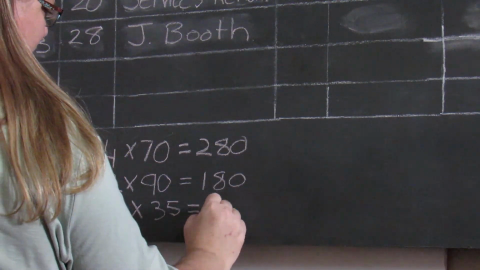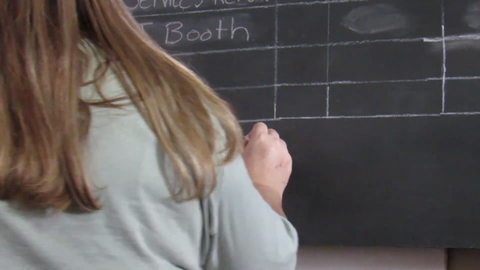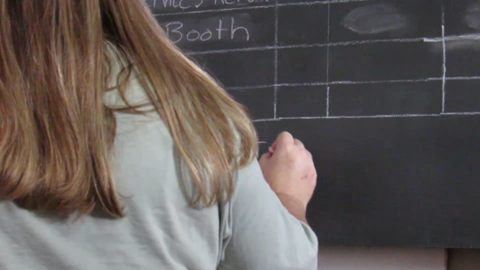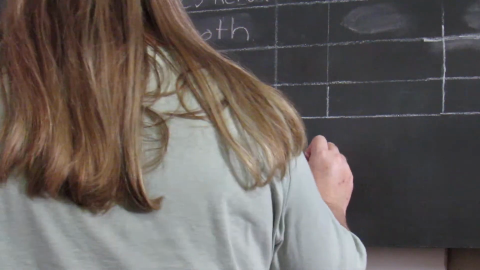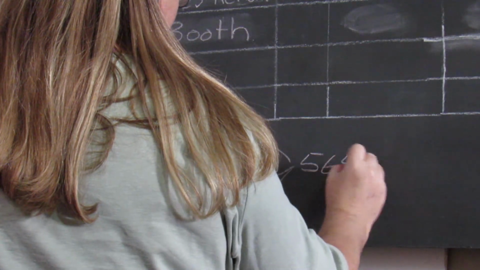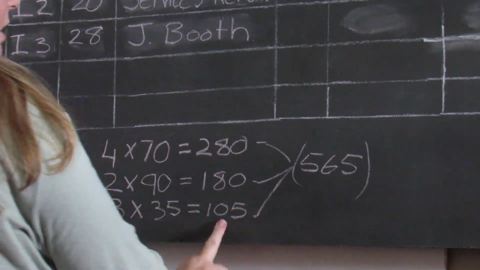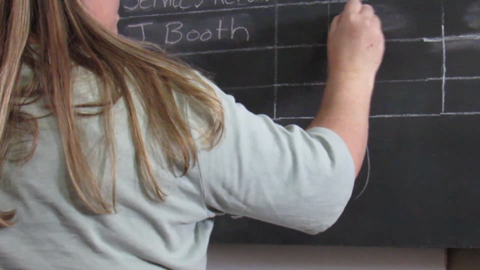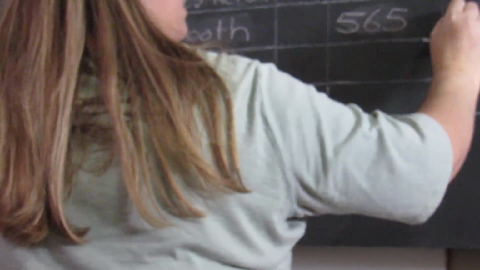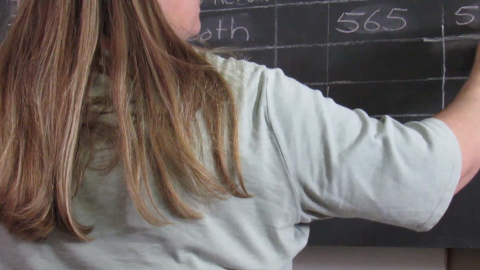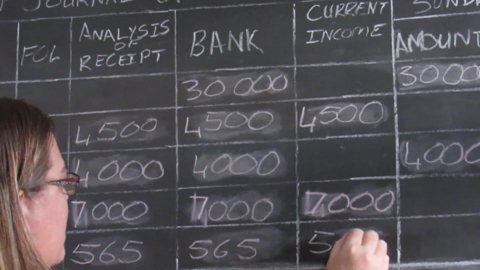That gives us 105. So if we add up all 3 of these amounts, it gives us a total of 565 Rand. Now we use the total, we don't use all the individual amounts. We use the actual total, 565, because you can pay this in cash. It has to go into the bank, and it was for services, so it goes into current income.